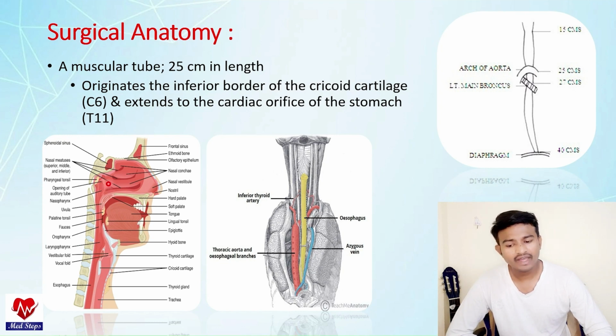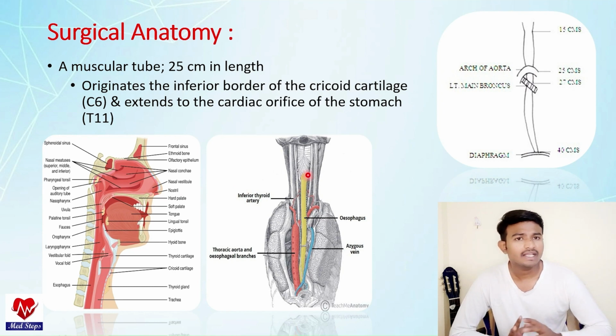Between the nasopharynx and oropharynx, there is a palate, which we call the soft palate, and we also call this the uvula. Then between the oropharynx and laryngopharynx, there is a structure we call the epiglottis.